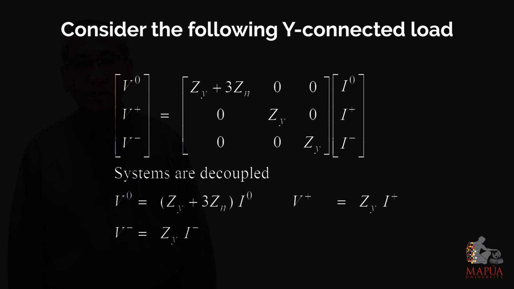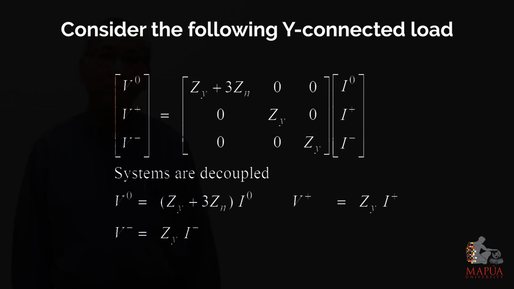Now, this V0, V plus, and V minus can be represented by a sequence network. For V0, that will be equal to ZY in series with the neutral impedance 3 ZN, and the current flowing will be I0 connected to a voltage V0. For the positive sequence network, that will be a simple network composed of ZY.